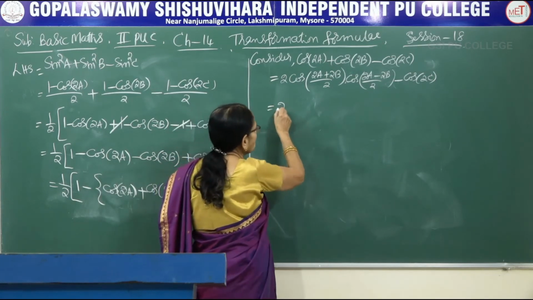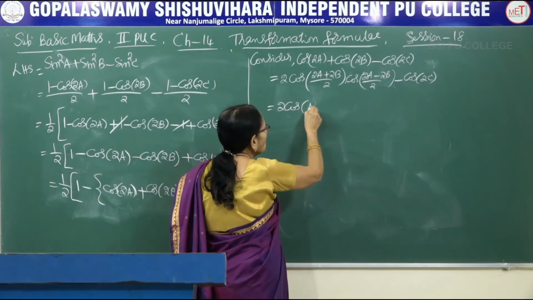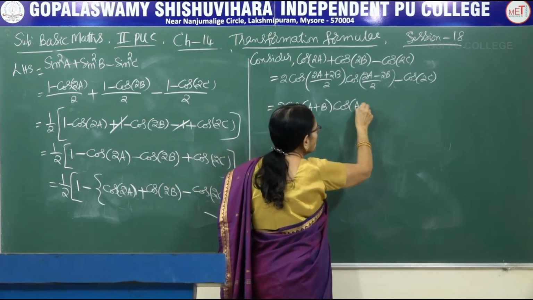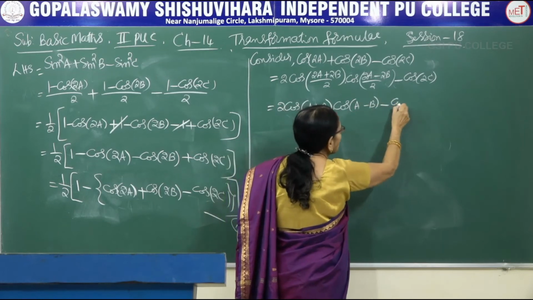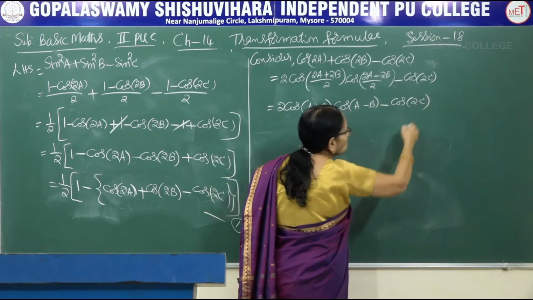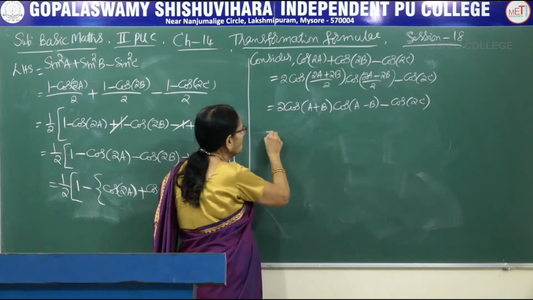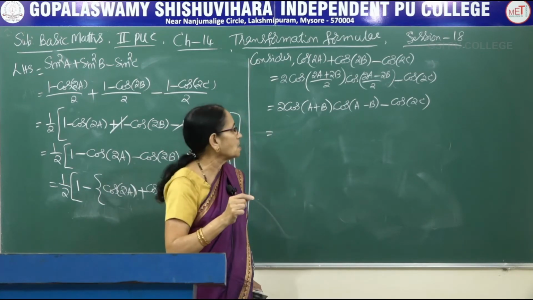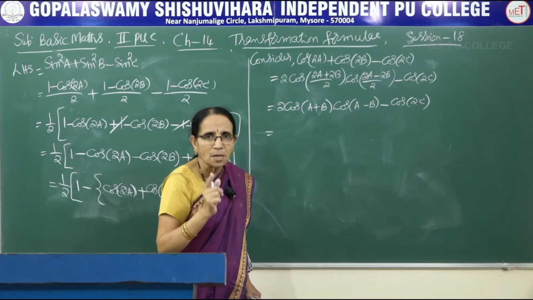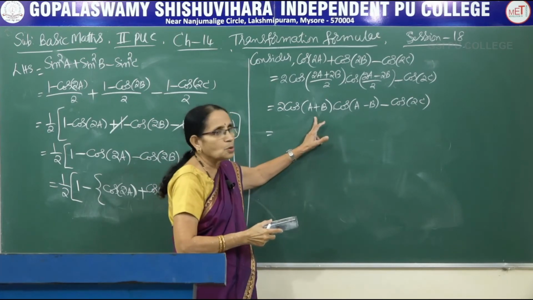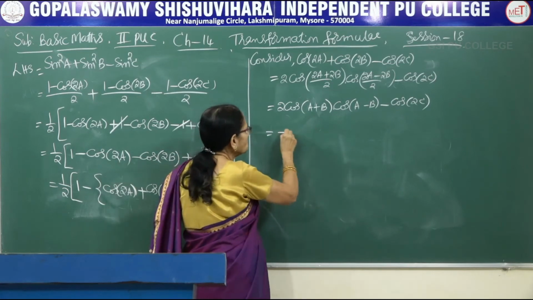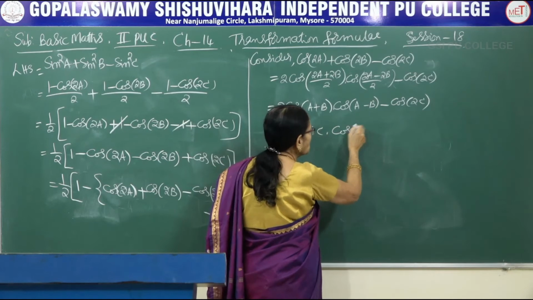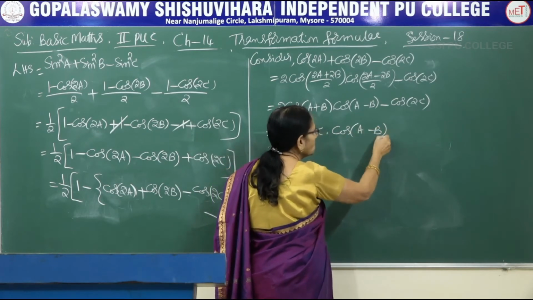Now on simplification, it is 2 cos of a plus b into cos of a minus b minus cos of 2c. Now again the same explanation holds good. A plus b plus c equal to 180 degrees. So a plus b would be 180 minus c. Cos of a plus b would be minus cos c. So this becomes minus 2 times cos c into cos of a minus b.